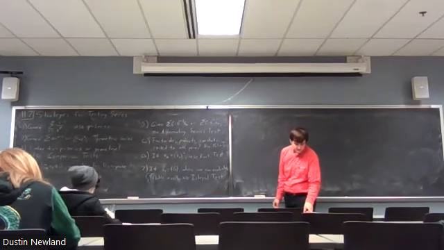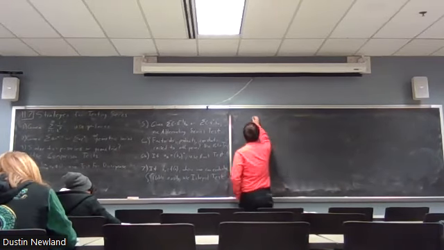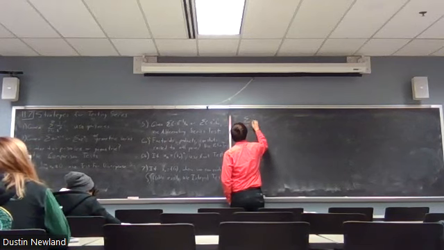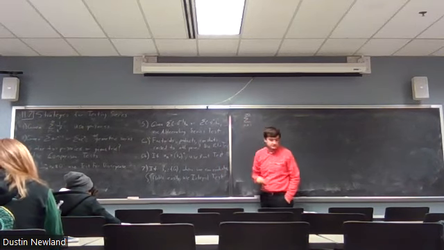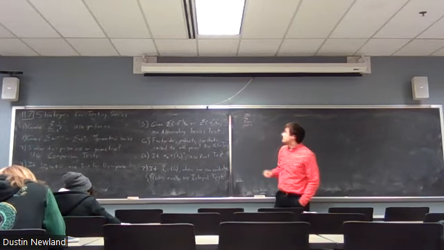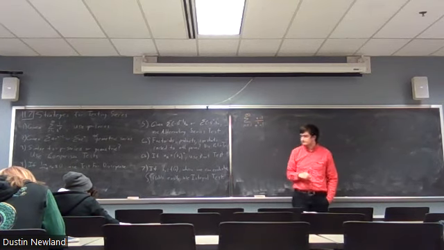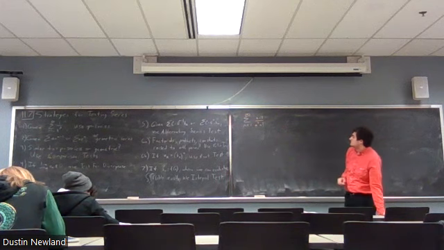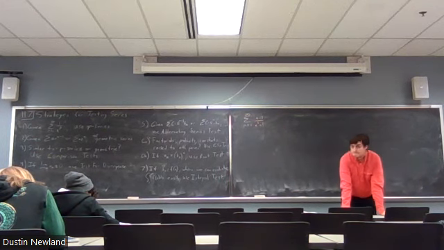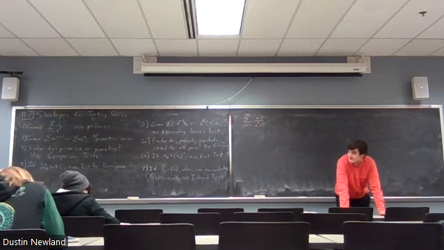So the first one here is the sum from n equals 1 to infinity of (n minus 1) over n cubed. Okay, let's walk through this first.